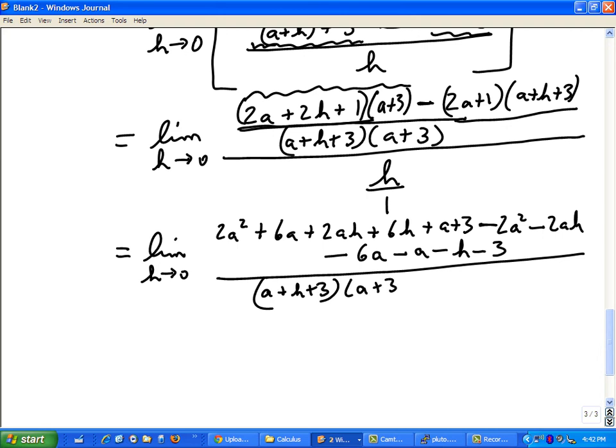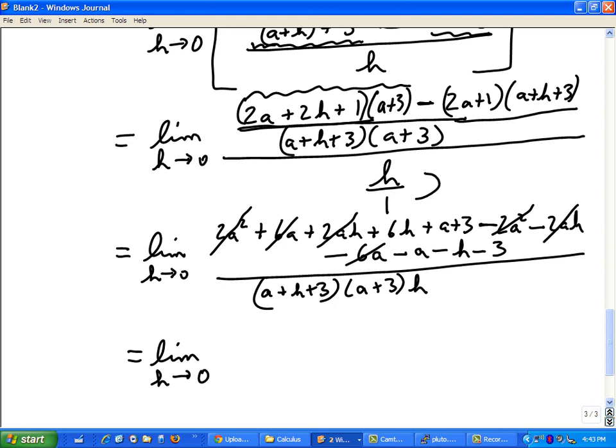Now, with any kind of luck, this will simplify and we'll be able to cancel off an h. So let's see. Here's a 2a squared, and there's a minus 2a squared. That's a good start. Here's a 6a and a minus 6a. That's good. Here's a 2ah, and here's a minus 2ah. I like that. Then what? Here's a plus a and a minus a, plus 3 and a minus 3.